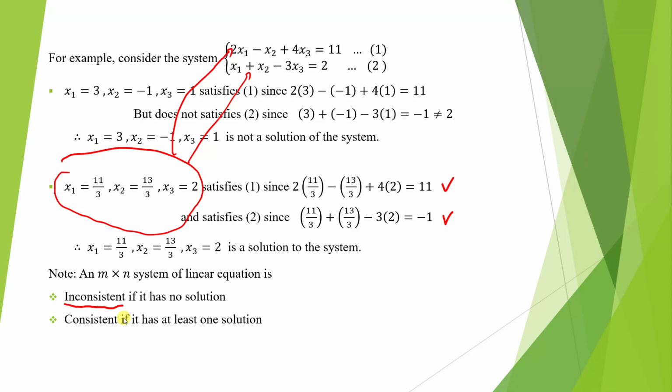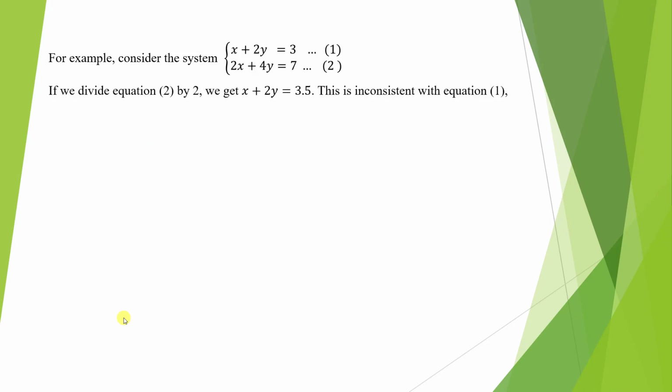So please remember what inconsistent means and what consistent means. For example, consider the system. If we divide equation 2 by 2, we get x plus 2y equal to 3.5.